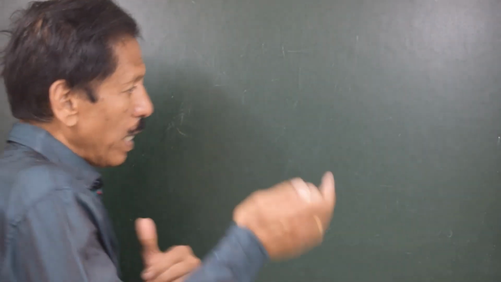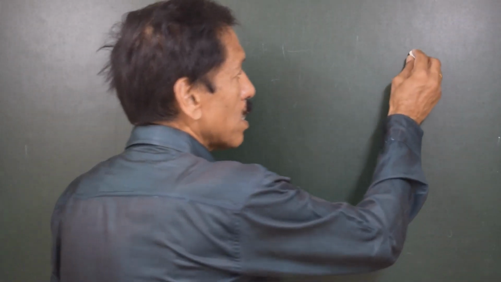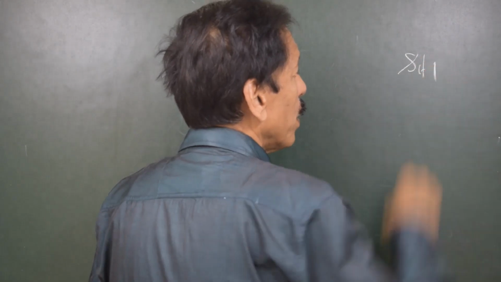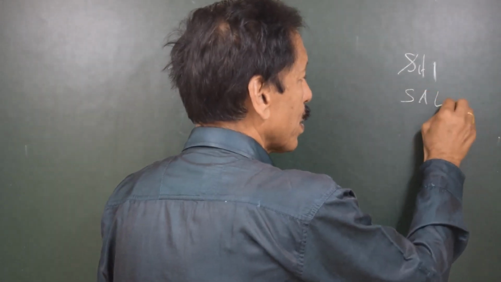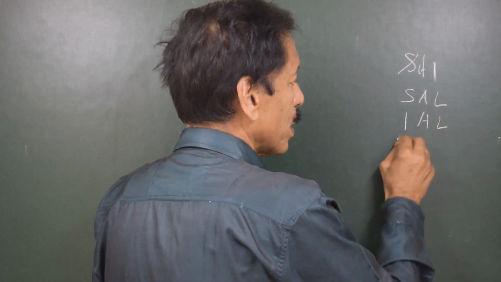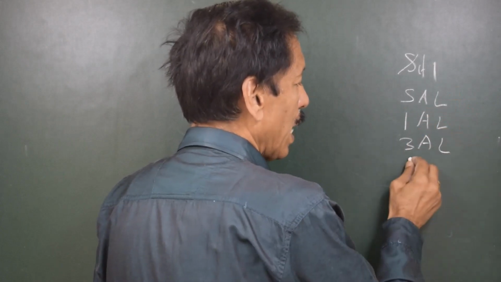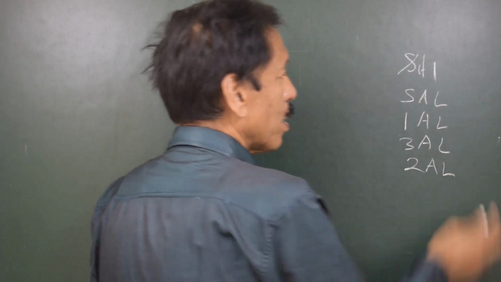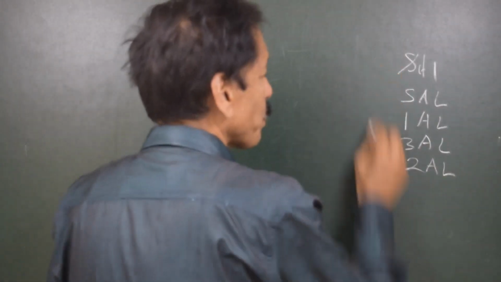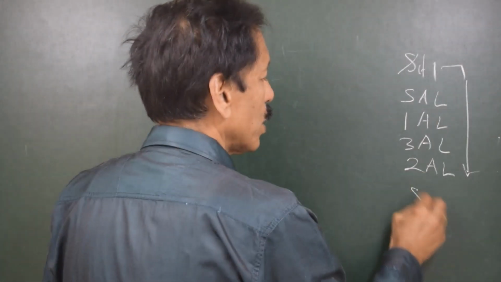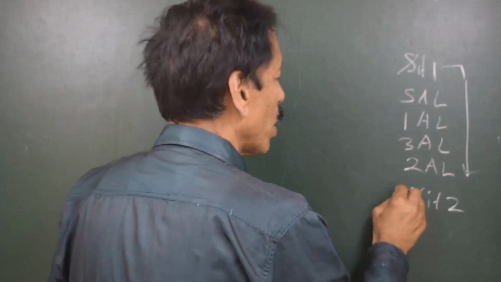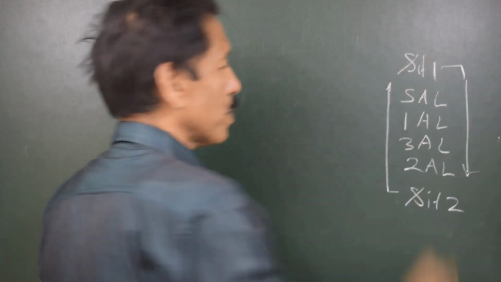Now in my last session in situation 1, the order of drawing the lines were small arrow line, 1 arrow line, 3 arrow line and 2 arrow line. But now in situation 2, the order will be reversed.